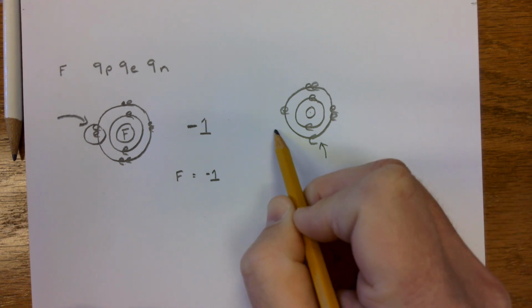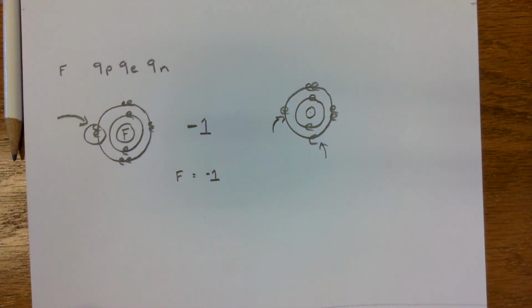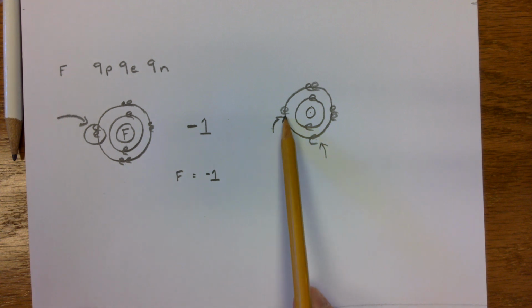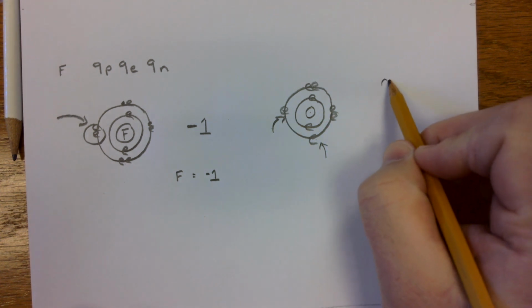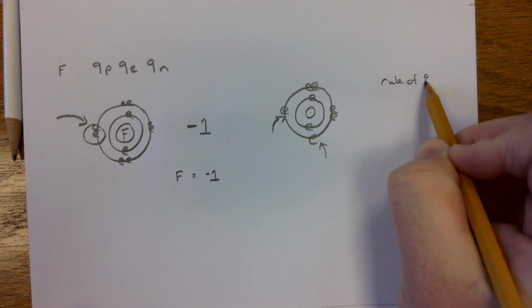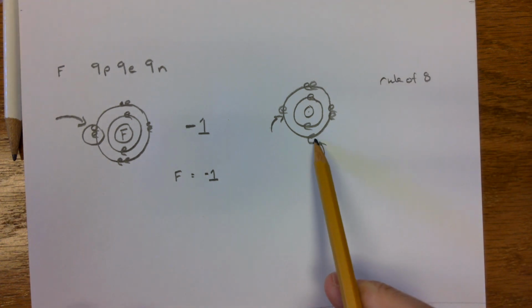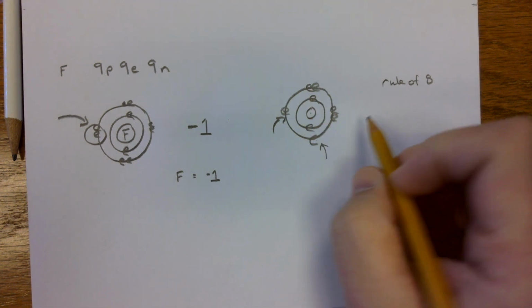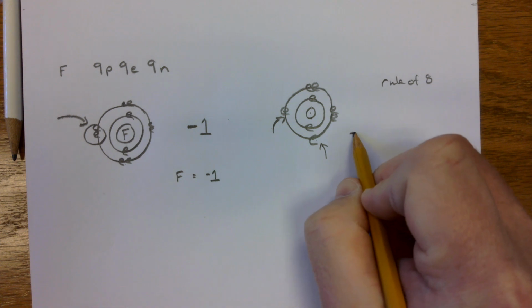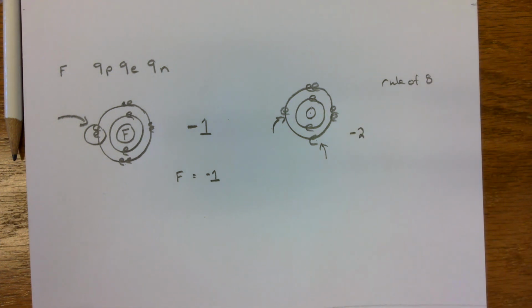It still needs 1 there and 1 there. It is easier to gain 2 to balance those out so that it meets the rule of 8. It's easier to gain 2 than it is to get rid of 6. So oxygen, as I had predicted, is now -2, and everything underneath that is -2.